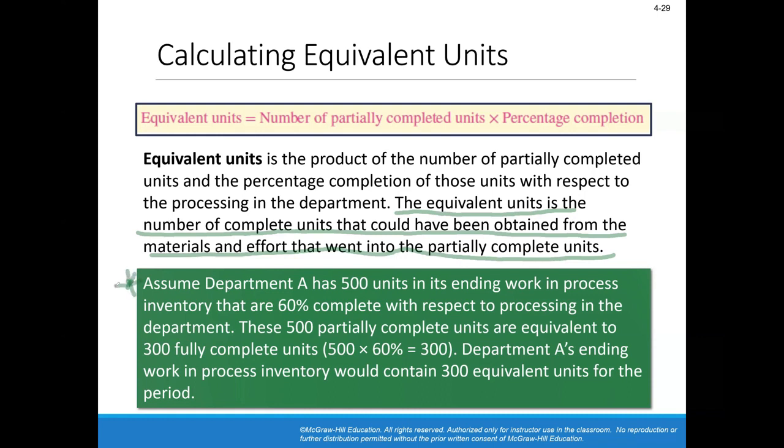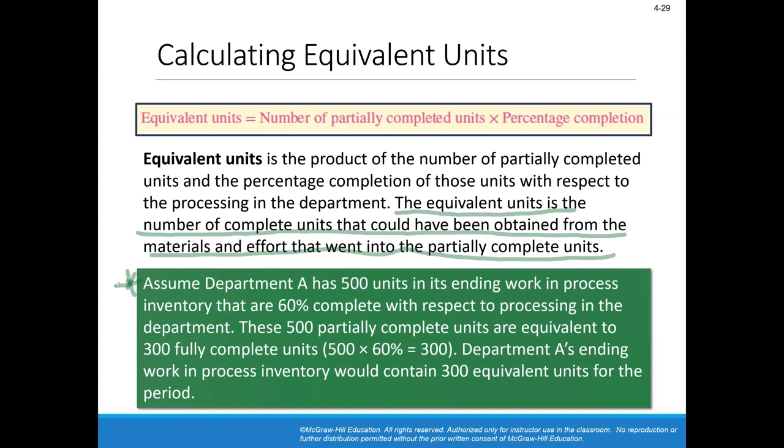Assume Department A has 500 units in its ending work in process inventory that are 60% complete. So we have 500 units that are partially completed, and the percentage completion is 60%. So there's your two numbers that you need, with respect to the processing in that department.